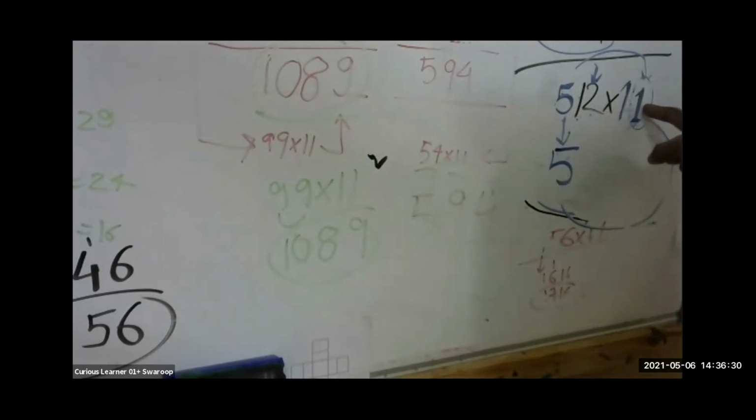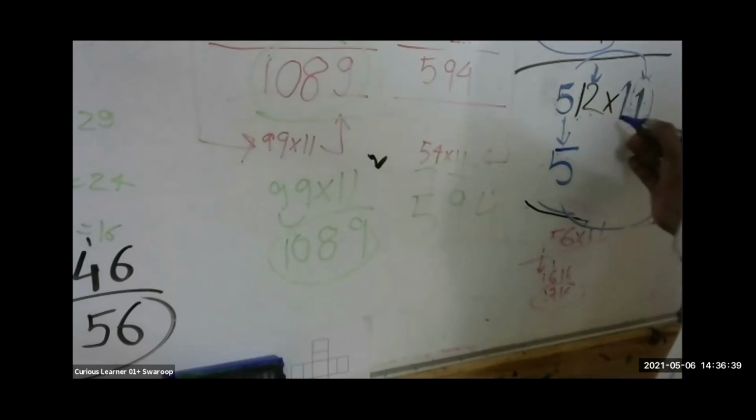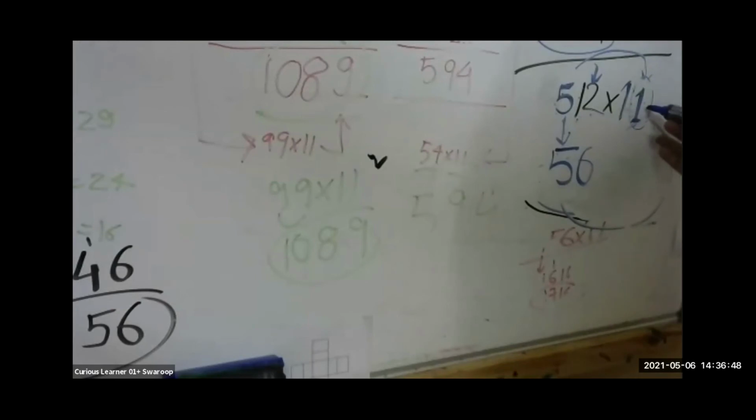Now 5 multiply this number 1. 5 1 is 5 plus next number, that is 5 1 is 5 plus 1. How much? 6. The same way 1 1 is 1 plus next number. 1 is 1 and next is 3. And 2 1 is 2. 5,632 is the answer.